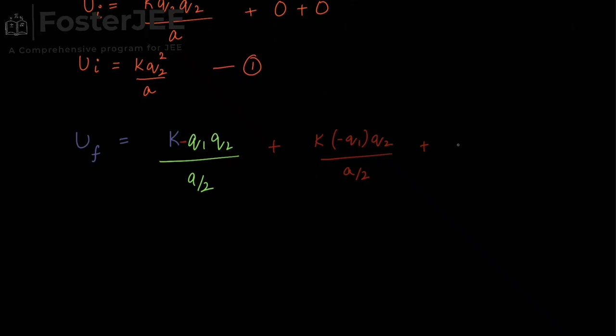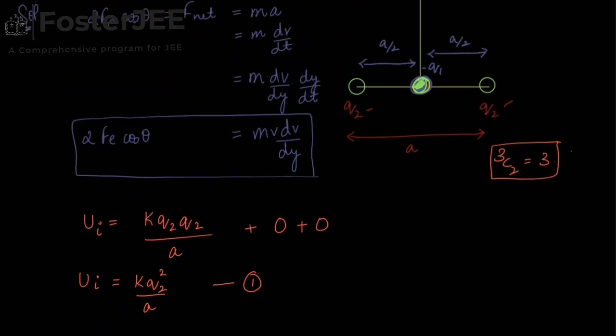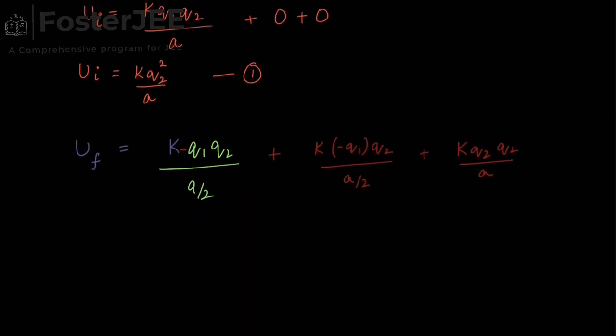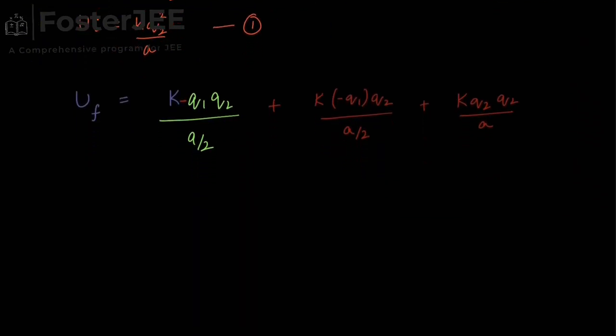So that is K Q2 Q2 upon A, because the distance between them is A. So simplifying this equation, we'll get U final is equal to minus 2K Q1 Q2 upon A minus 2K Q1 Q2 upon A plus K Q2 square upon A.